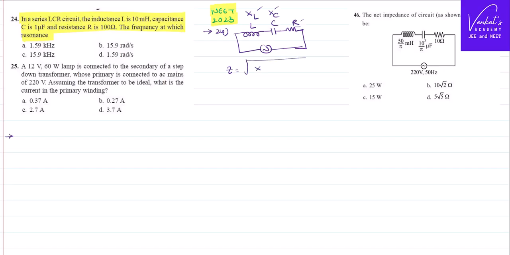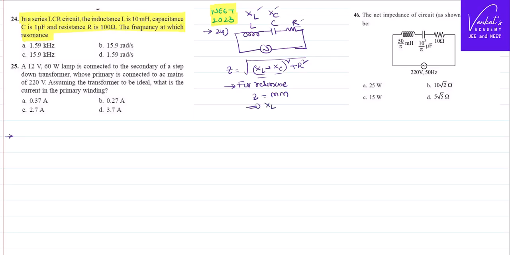Impedance could be written as Z equals the square root of (XL minus XC) whole square plus R square. This means XL and XC are in opposite directions, and their resultant is perpendicular to resistance. For resonance to happen, Z has to be minimum.